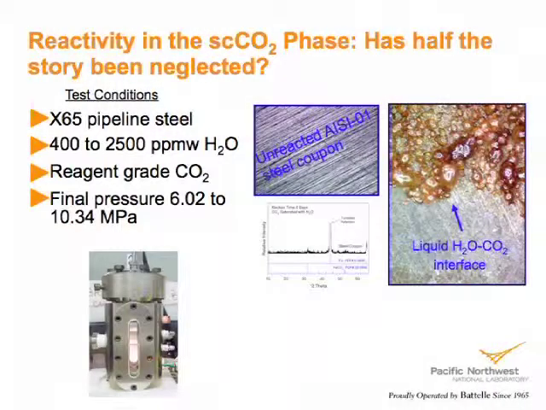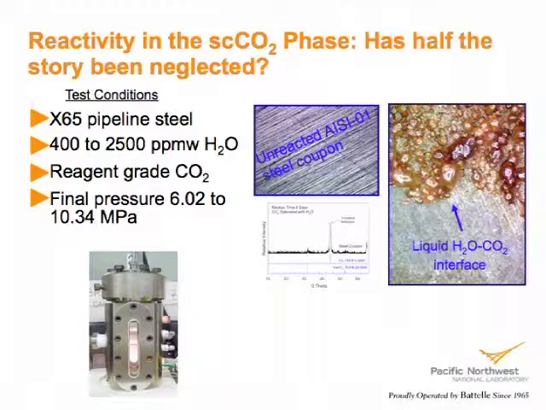So what do you see? What you see is that in the liquid water phase, down here, the steel surface looks pretty pristine. Nothing much has really happened. This is where, speaking about geochemical modeling, we've been focusing all of our attention.